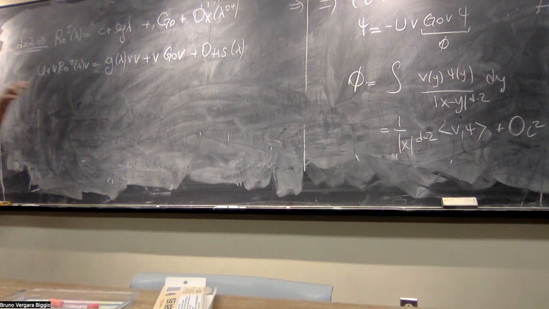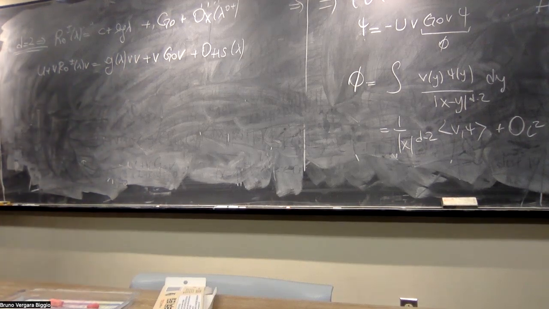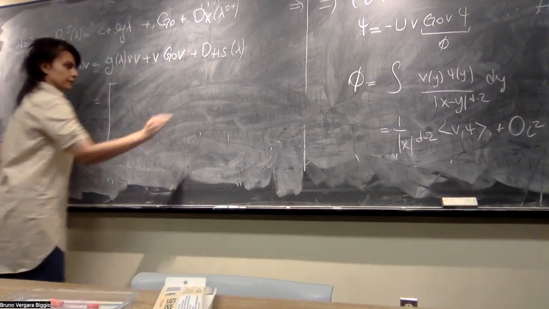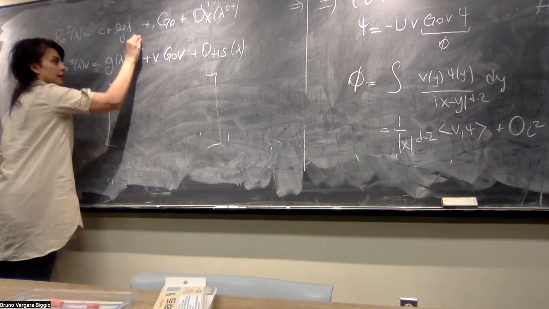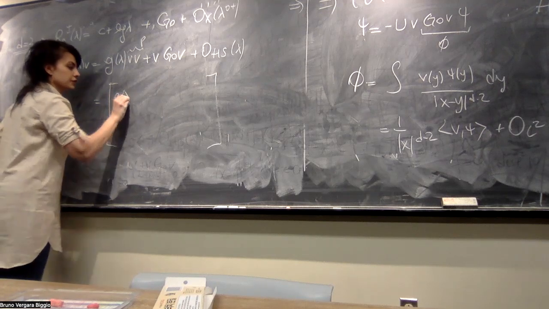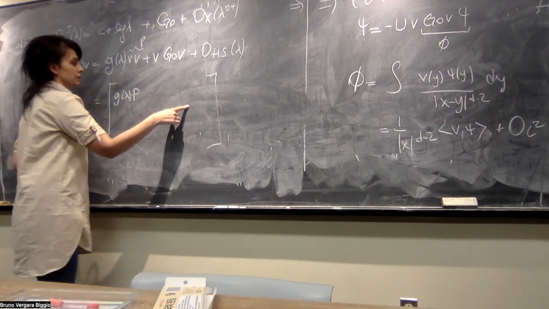So basically the singularity is in a space that is spanned by my little v. So what do we do? We project it away from the v space, right? I'm going to call this space P, and I'm going to project away from it, meaning I'm going to write G lambda P, and I'm going to write the PQ space over here.